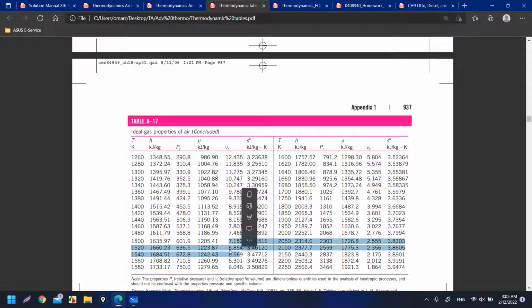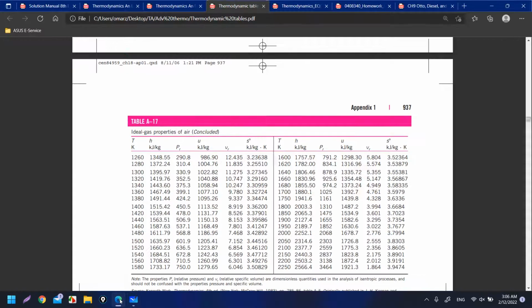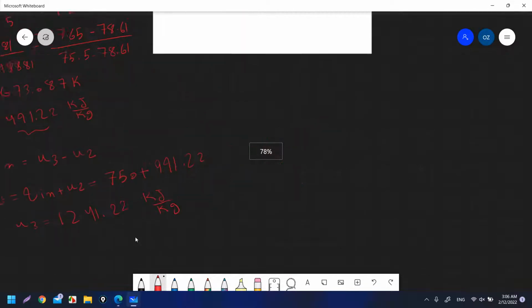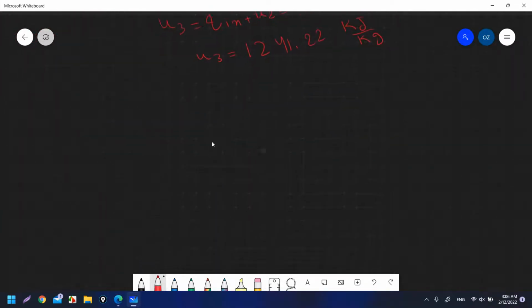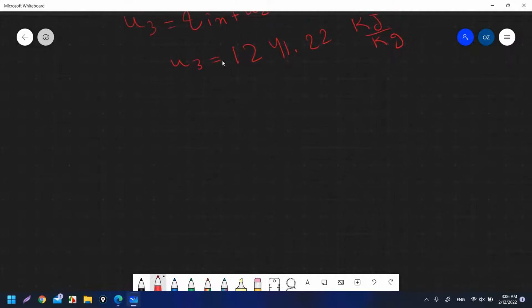I told you in each set usually you will find everything. You'll see why we need VR3: we will need it for part C, because we will need U4 in part C. So let's do the interpolation and find T3 and VR3 using the value of U3.